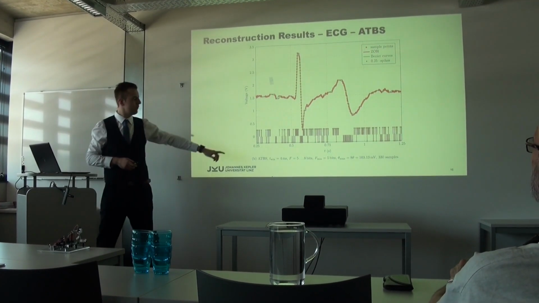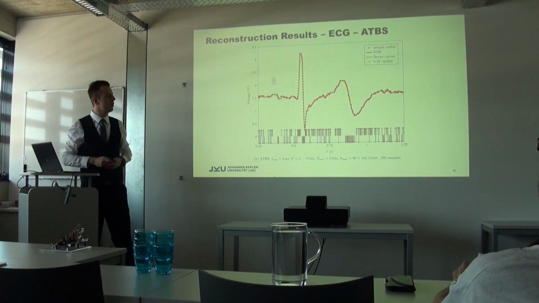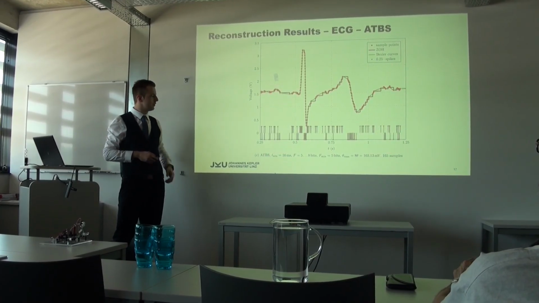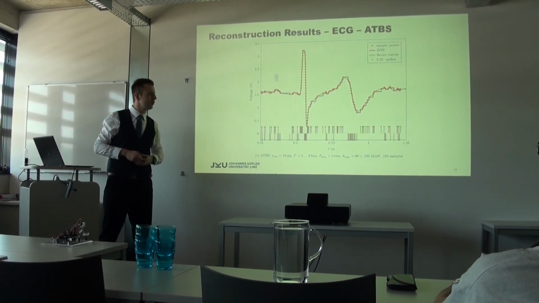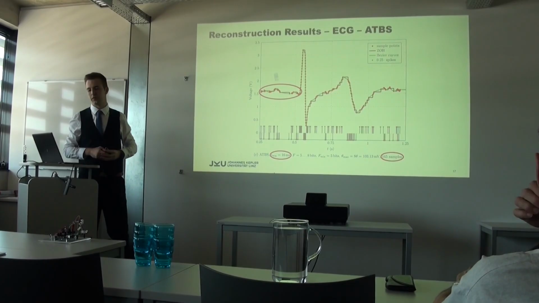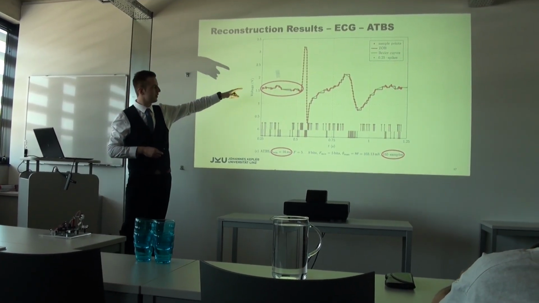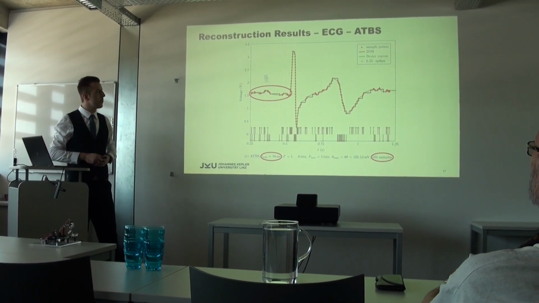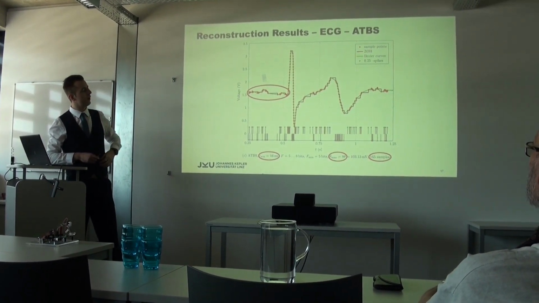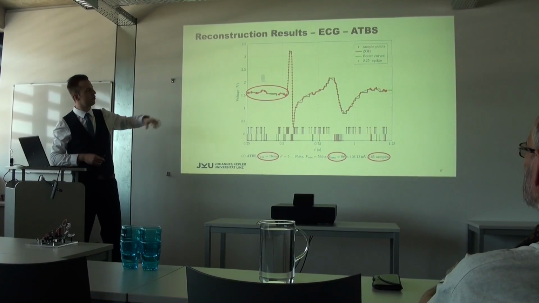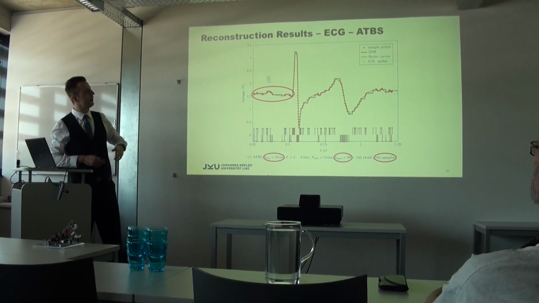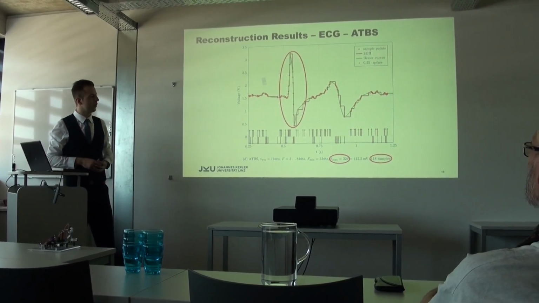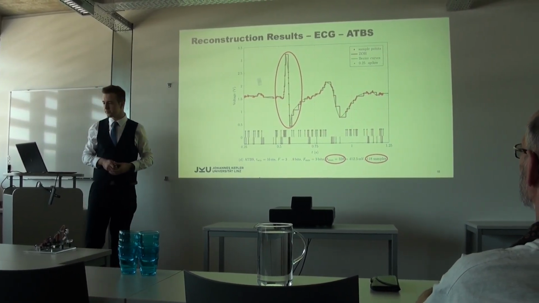For example, for a 5 millisecond time window, we get 330 samples. For a 60 millisecond time window, we get 165 samples. So we can reduce the samples in sparse time intervals. And if we want to further decrease the samples, for example during the QRS complex, we can increase the maximum theta and now obtain 118 samples.